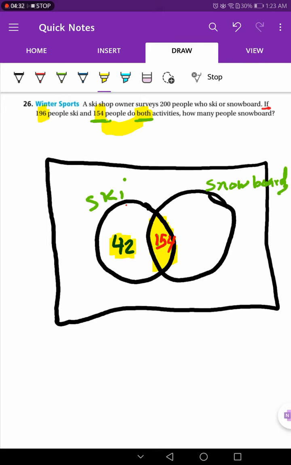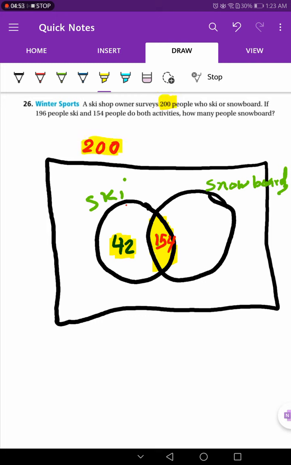Okay, teacher, how can we answer this question? It is easy, my dear student. You know the total, the big number that comes at the start of the question, it is 200. So write it at the top here.